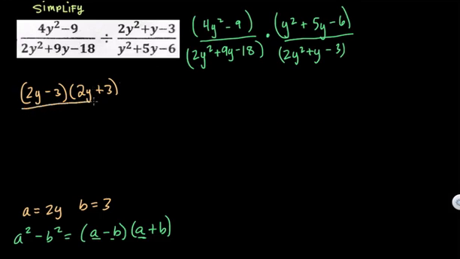So then we move on, and I'll go to this one next. We have y squared plus 5y minus 6. Here we're looking for factors of negative 6 that add up to positive 5. What I think of right away is that negative 6 is equal to 6 times negative 1, and if we add 6 plus negative 1, we get 5.